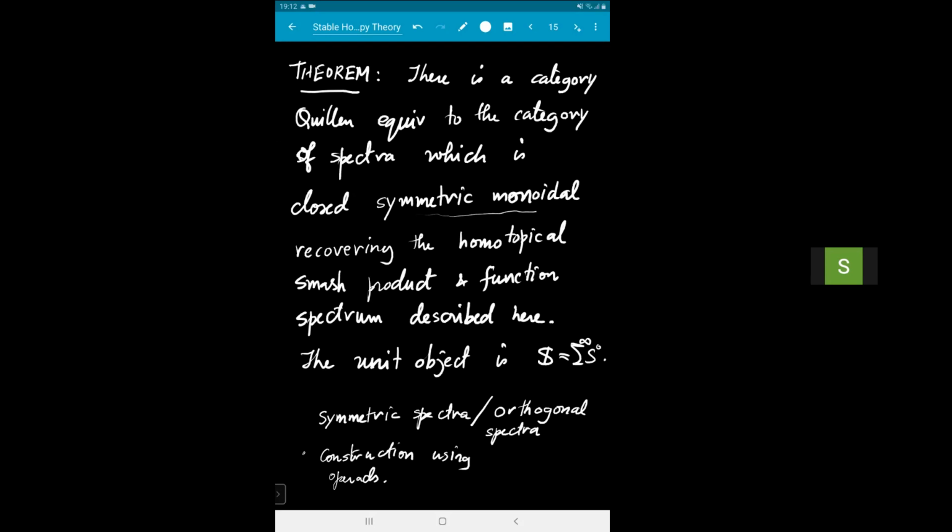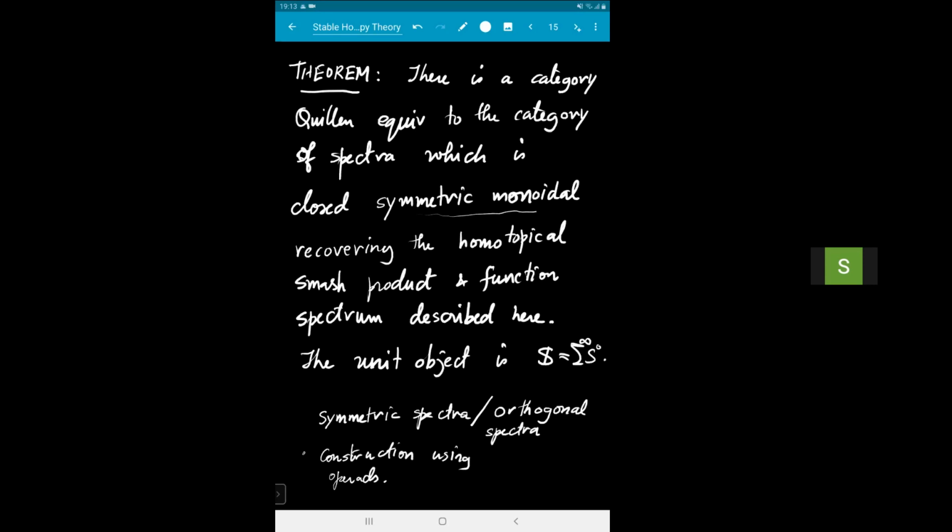So later on, people made various other constructions. One of the constructions was by Lewis, May and Steinberger, and there the objects were not just omega spectra, a very special kind of omega spectra, and there they constructed this smash product, not exactly in the category but somehow up to a contractible space of choices.